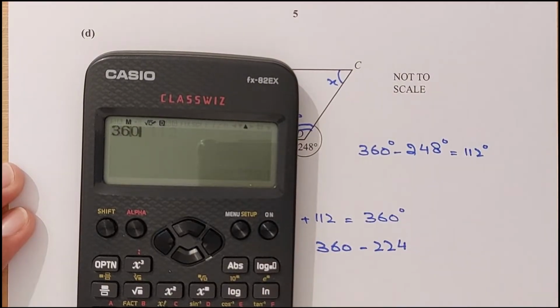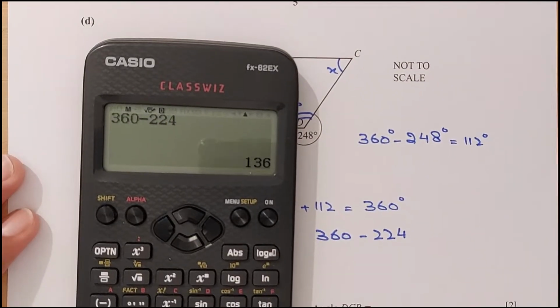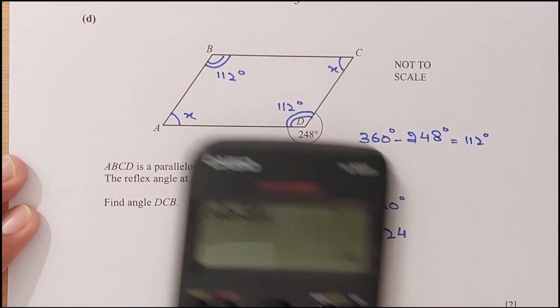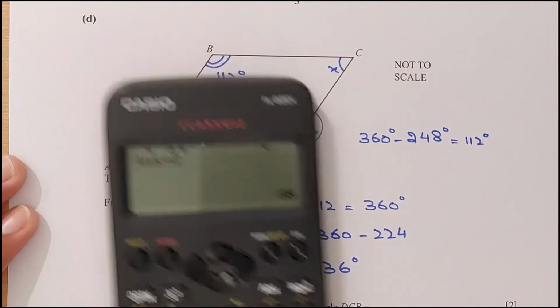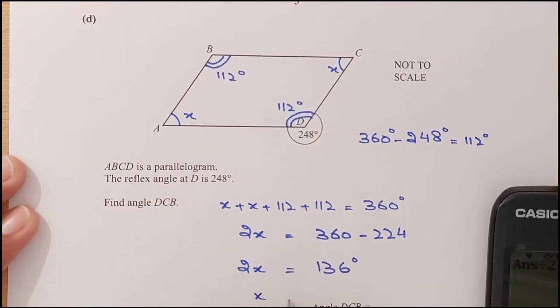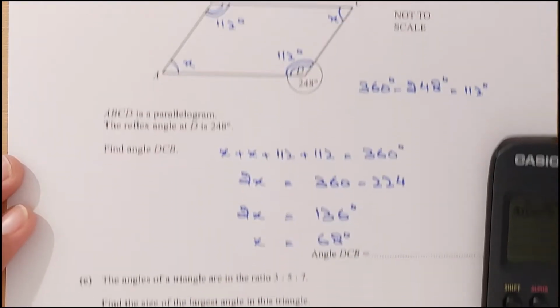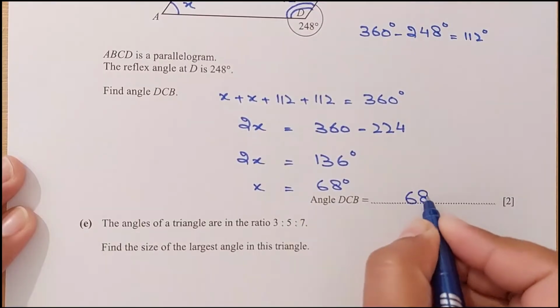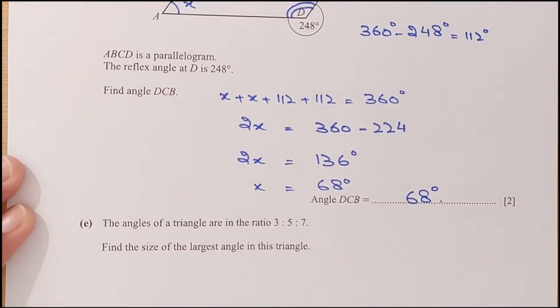Right? 360 minus 224. This is 136. So 2x equals 136, right? And to get the value of x, dividing by 2, we have 68. So x is equal to 68. So this angle is 68. So this angle is also equal to 68. So we can say that angle DCB is 68 degrees, right?